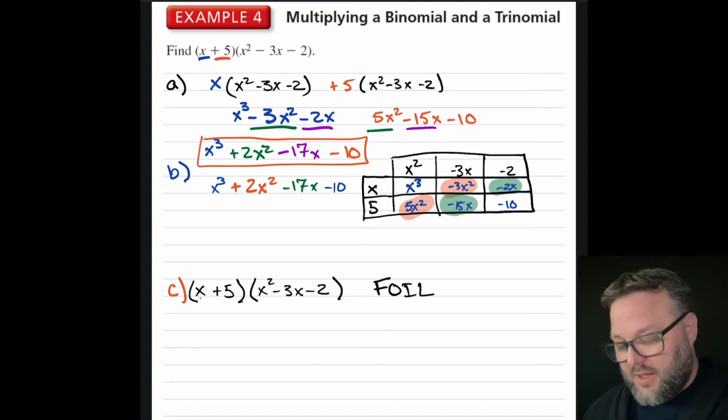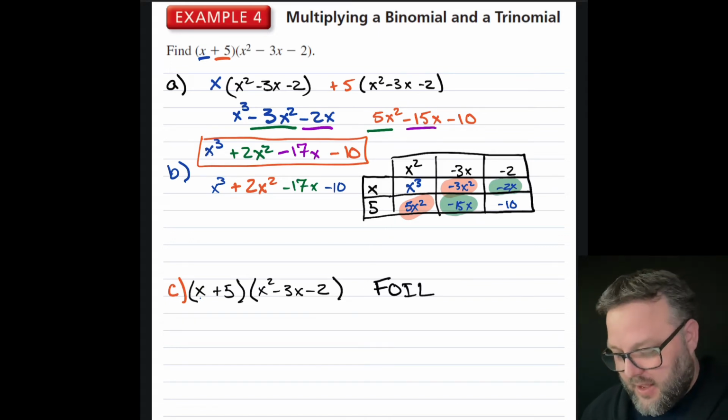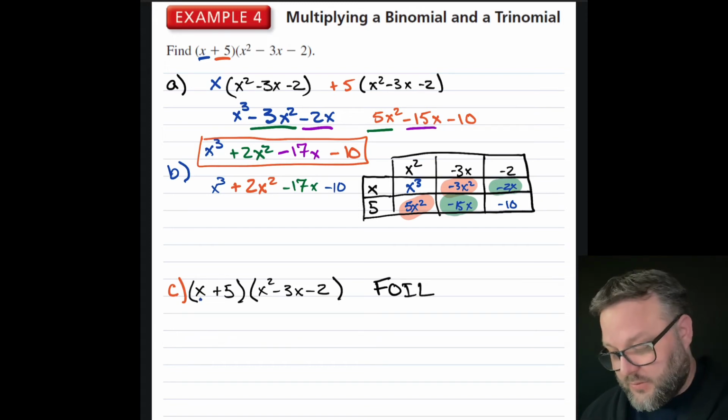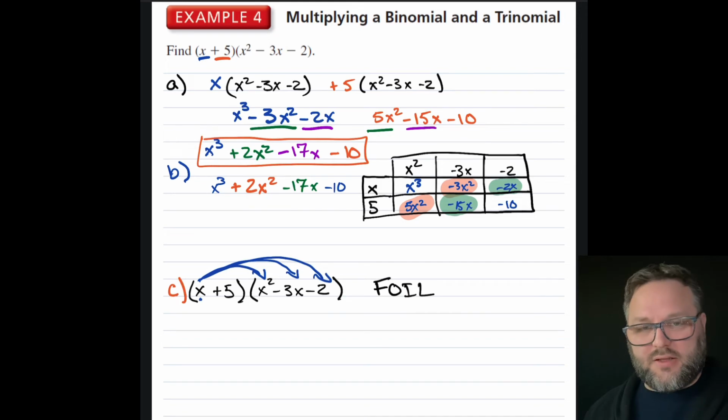But it's more of a shortcut idea. All we're really doing when we're using FOIL is taking our first term and multiplying it by every term in the second. So it's kind of like the distributive property, only I'm not writing it out.